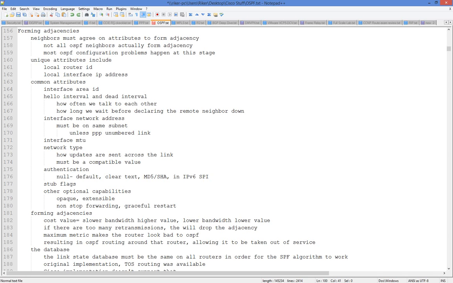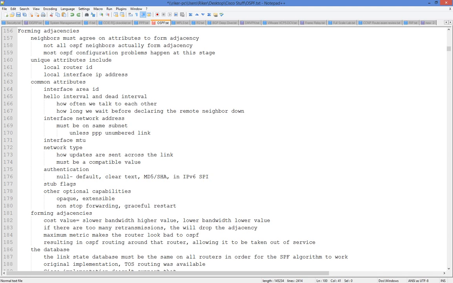What this means is the DR other, which means routers that have not been elected to be the DR or the BDR, so any other router is referred to as a DR other, those are going to form two-way adjacency with other DR other routers. So all DR other routers will form full adjacency with the DR and the BDR.